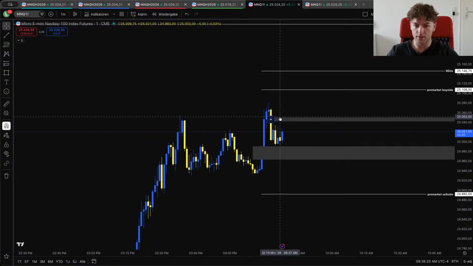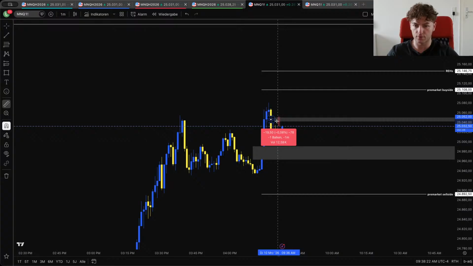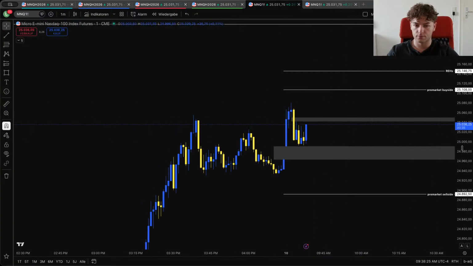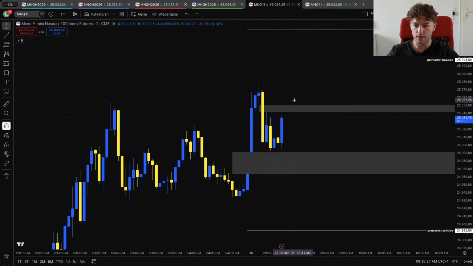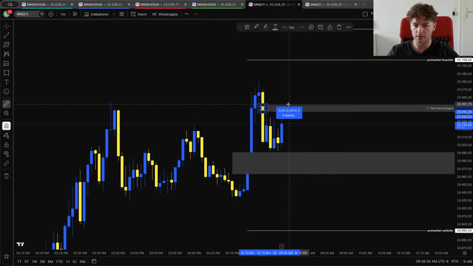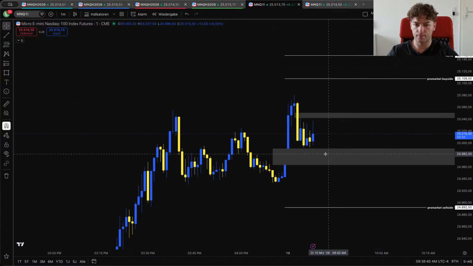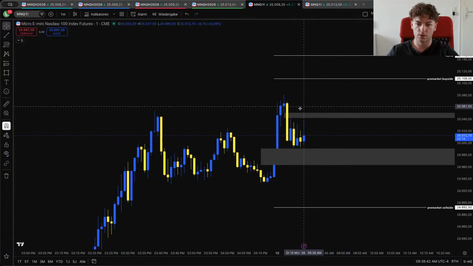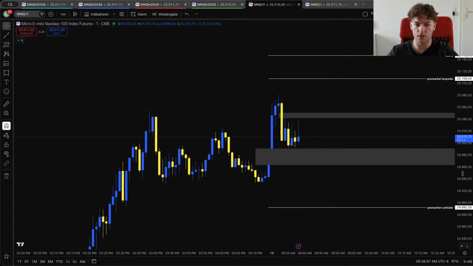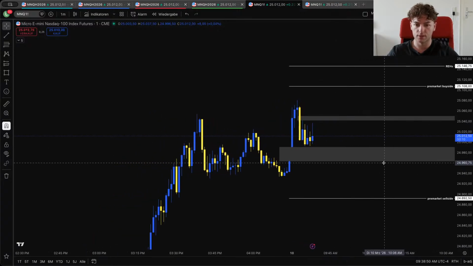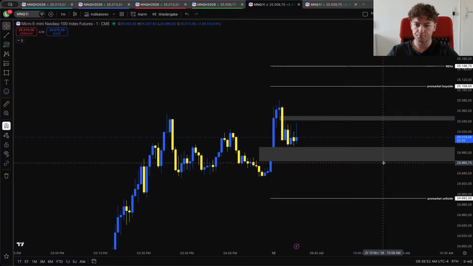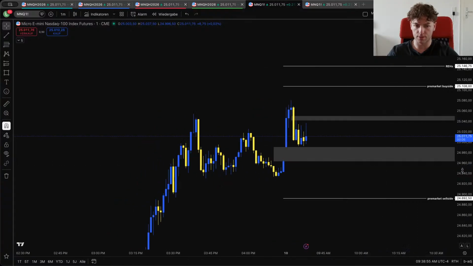Also, ICT said in these types of conditions with this kind of volatility, oh, I just realized, he said you want to have a fair value gap that is at least 10 handles big. Okay, that's like 9 handles. That's what I thought. That's too small, too insignificant of a fair value gap. So we want to wait for a clear, obvious displacement and take that one as the first presented fair value gap.